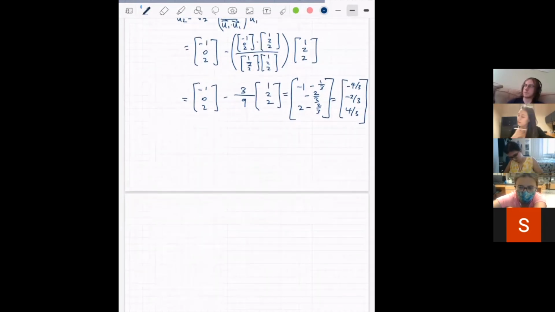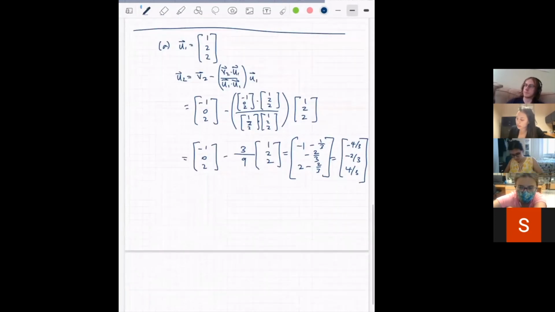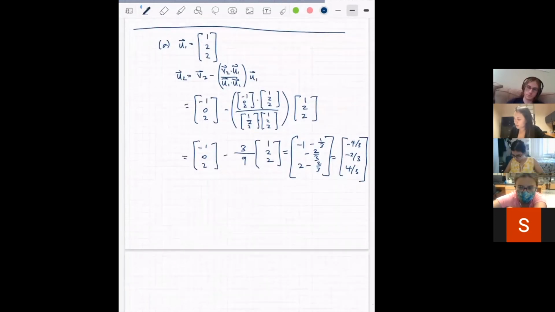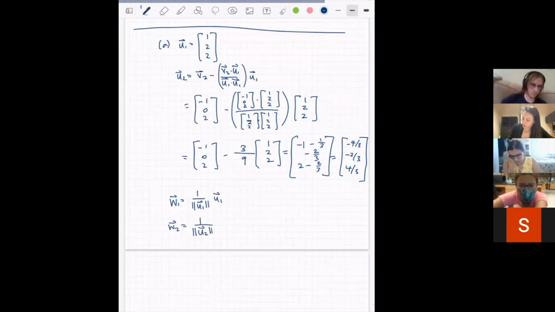Okay. So we have our two vectors, but they're not necessarily orthonormal, right? So I'm going to define W1. This will form our orthonormal basis. It'll be 1 over the norm of U1 times U1. And W2 will be 1 over the norm of U2 times U2. Right?